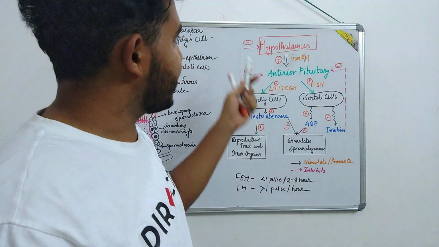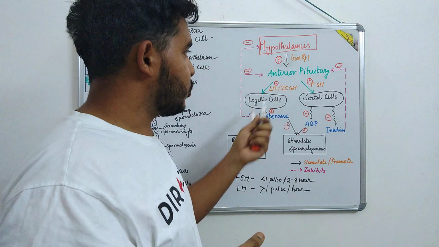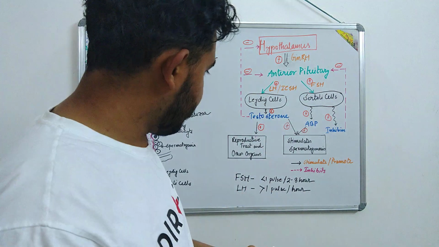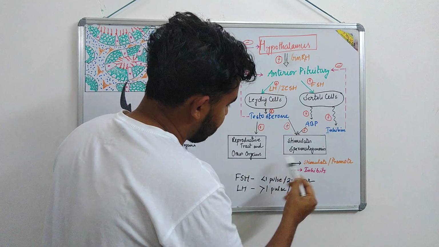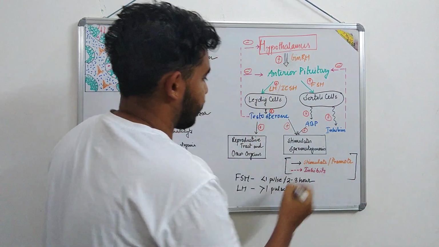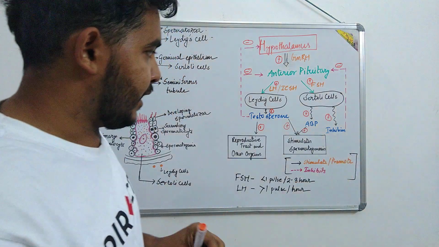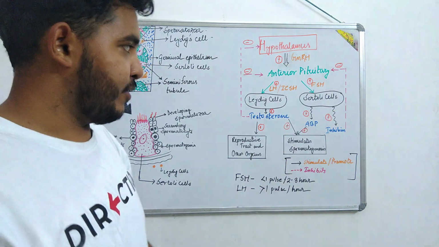So testosterone gives negative feedback to the hypothalamus and anterior pituitary. Here you can see these small quotations. The black one means stimulates or promotes, and the gapped one means inhibits.